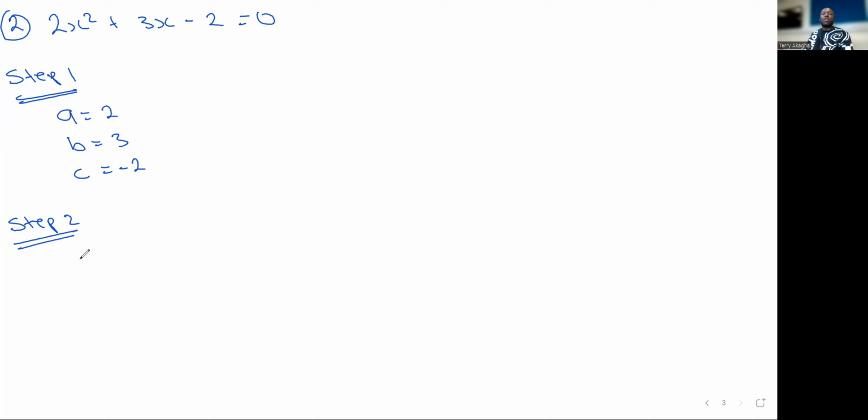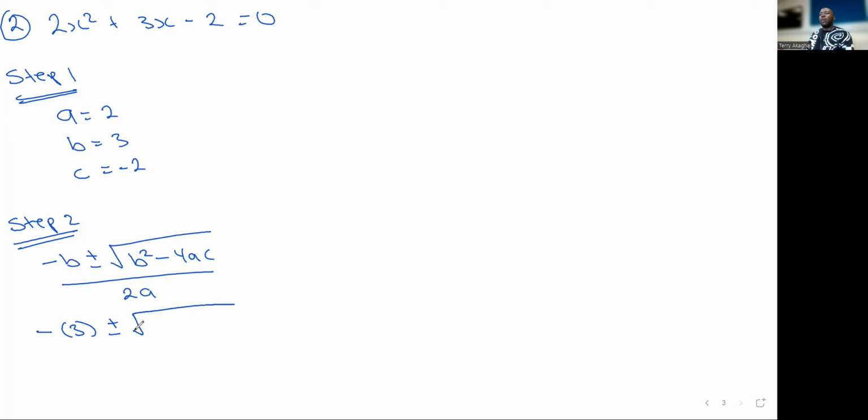2. Step 2, we have to substitute it into the formula. So we have minus B plus or minus square root of B squared minus 4AC divided by what? 2A. So that'll give you minus B is 3 plus or minus square root of the B is also what? 3. So you see, it's important you put it in brackets.